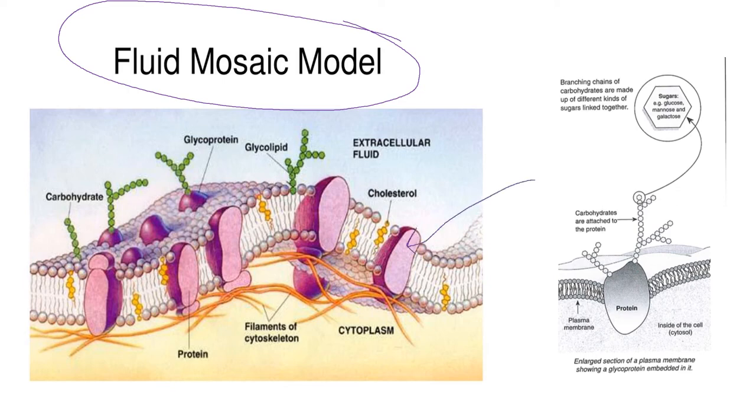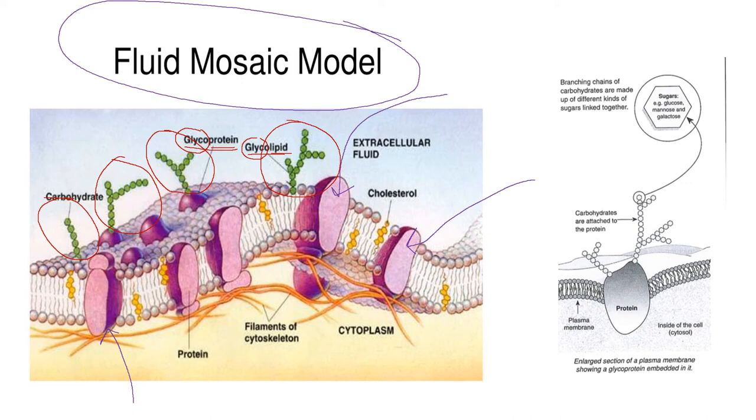proteins embedded in the cell membrane. But now hopefully what you can see is these green chains coming out of the proteins and the lipids. So you've got a glycolipid and a glycoprotein. Glyco meaning sugar, and obviously the second bit would be protein and the second bit would be lipid.